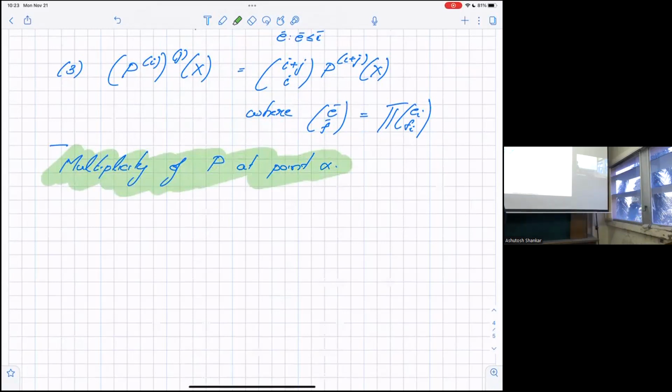When you want to capture the fact that at the point alpha, the polynomial p vanishes s times or r times, what does that mean in other words? We said all derivatives of order less than r vanish. It's going to be exactly the same definition.